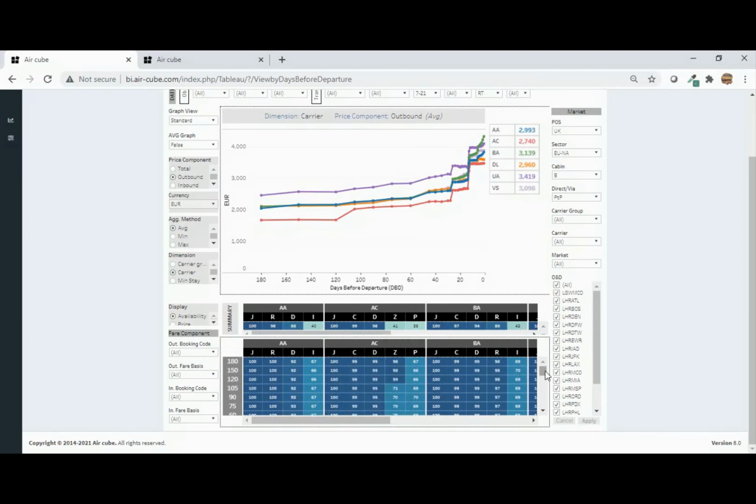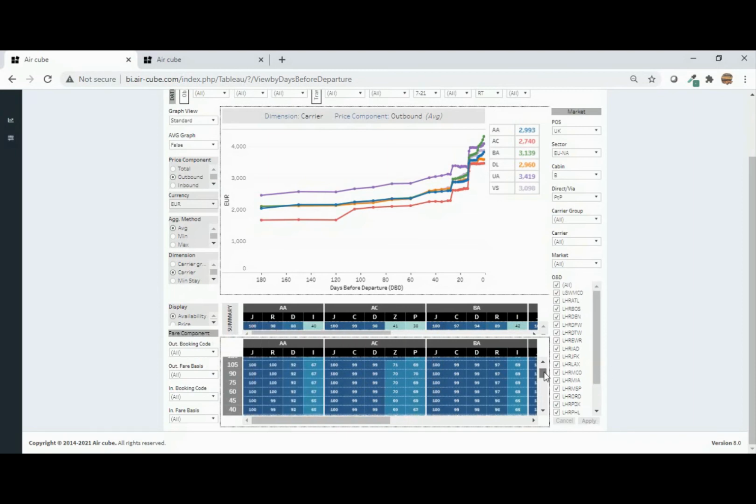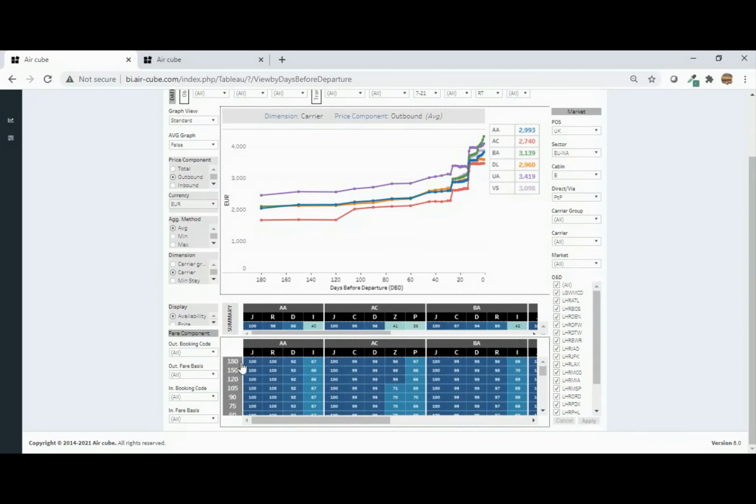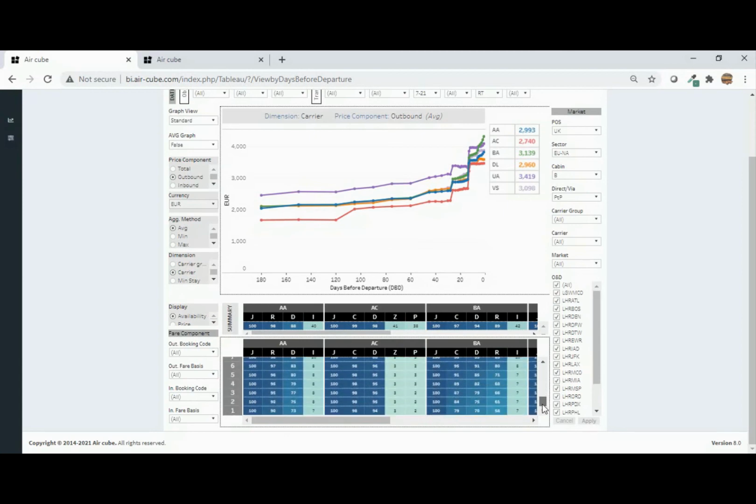And of course, the table below that gives you a slightly more detailed breakdown where you can see that for each day before departure. So from here at 180 days before departure, we can see that the India class was available 67% of the time when observed 180 days before departure. As we move closer to departures, the India booking class is available much less often.